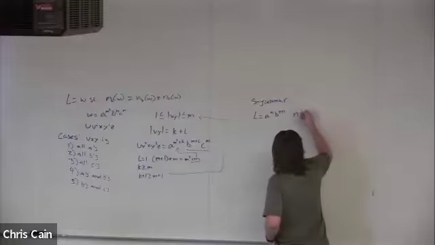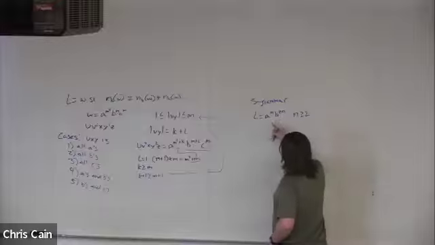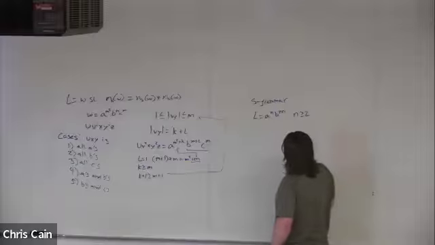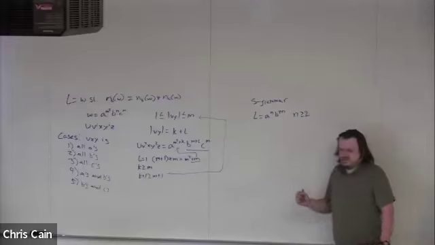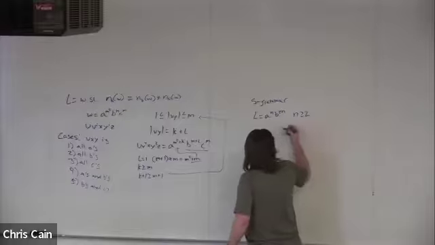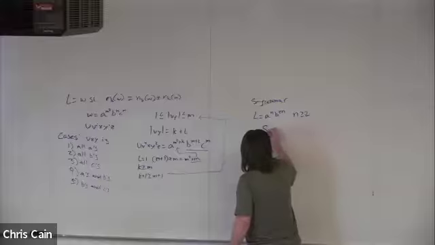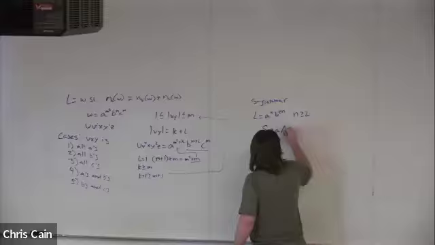Yeah. So if we do this, we find that no matter what, an A is going to start us off. In fact, we know that at least two A's are going to start us off. So in order to do this, we need an S production that reads that A and then goes into something else.